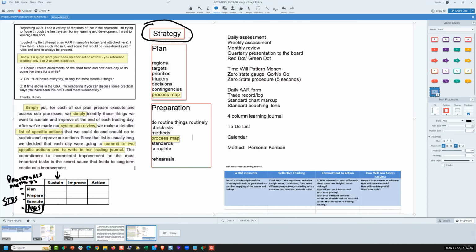And I'm going to identify things that I must do in each of those phases in order to be successful. And I'm going to build a process map that shows how to do that.